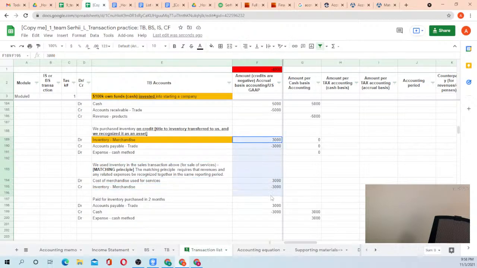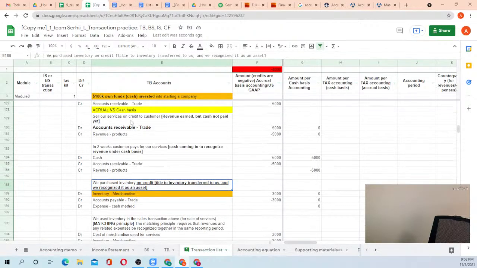So here is the main difference between accrual basis and cash basis of accounting.